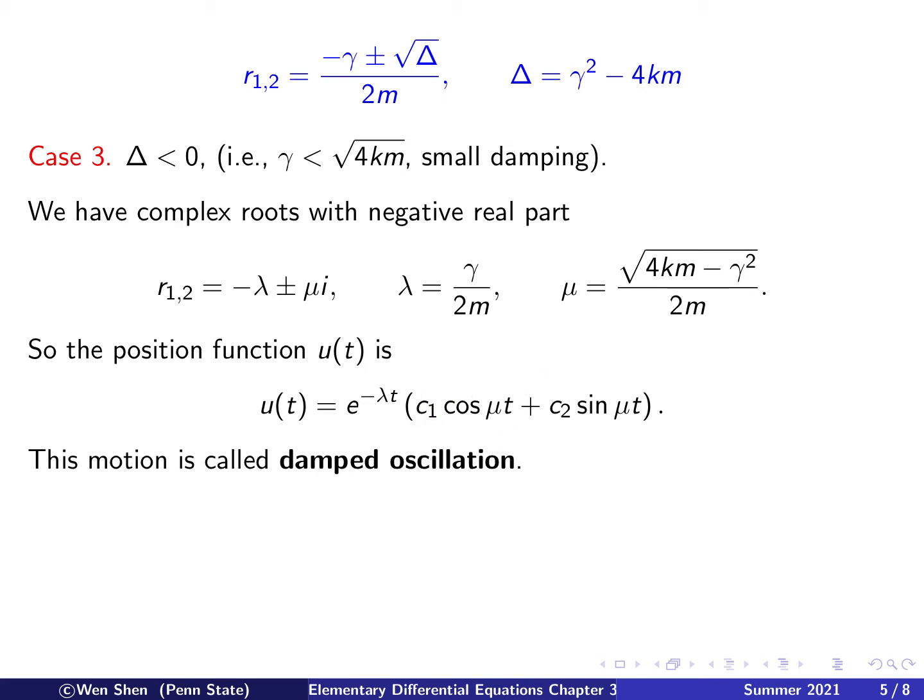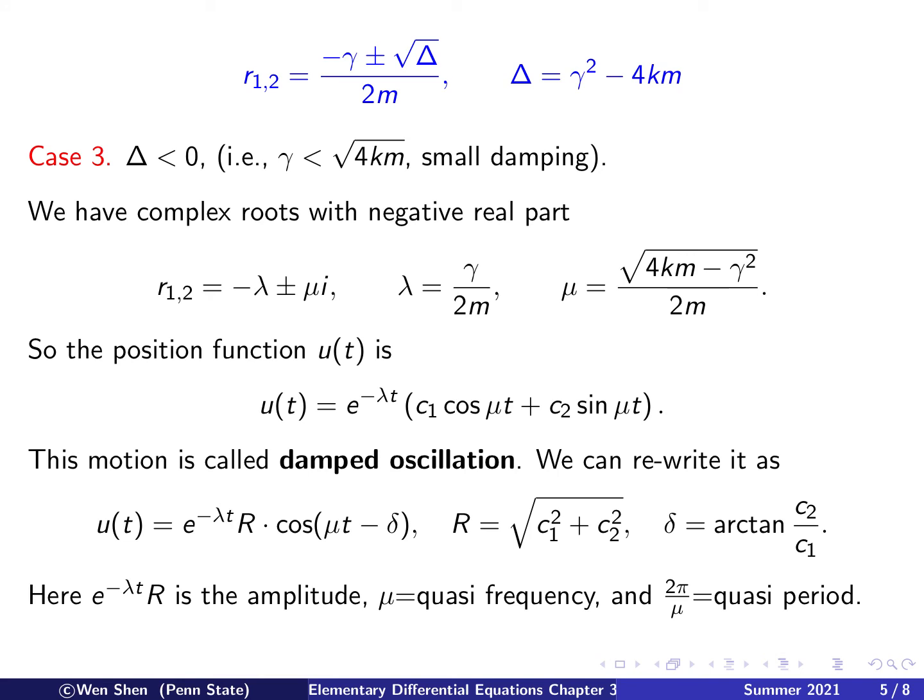It gives you oscillation, and the function in front of the oscillation gives you the amplitude. So you have something that oscillates, and the amplitude exponentially becomes 0. It will oscillate big and become smaller and smaller and eventually settle down to 0. This type of motion is called damped oscillation.